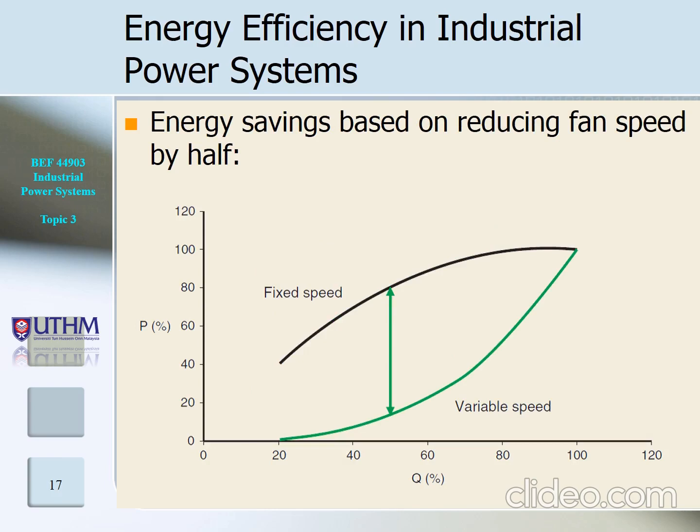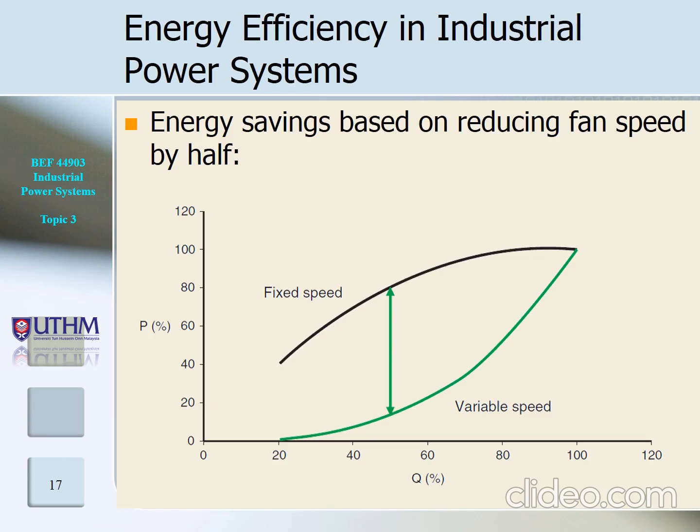This is the energy saving based on reducing fan speed by half. We can see here there are two types of speed. The first one is fixed speed, and this one is the variable speed. We can see for 50% here, the percentage of P is almost 20% for variable speed.